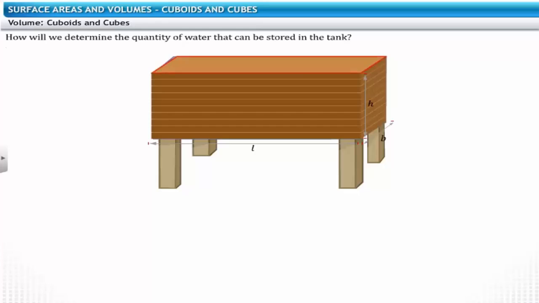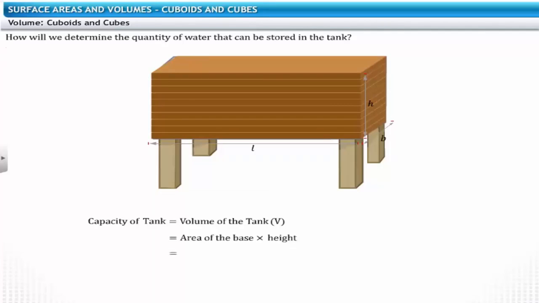The space occupied by one sheet, or the volume of one sheet, is equal to the area of a single rectangular sheet. Similarly, the volume of H sheets will be H times the area of a single sheet. The height of the tank can be represented as H, and the area of one rectangular sheet represents the area of its base.